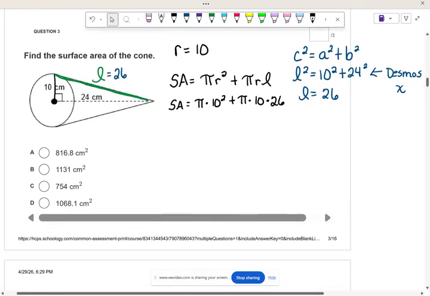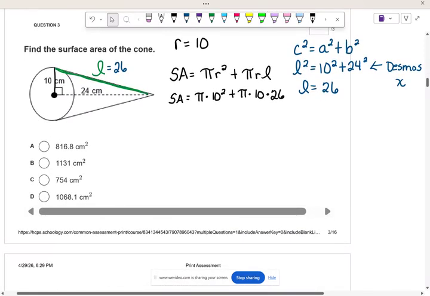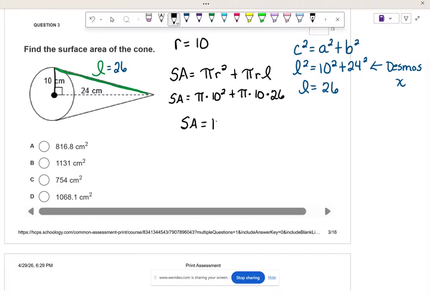And when I type all of that in, I got that the surface area is 1,130.97. Okay, so it looks like most of these answers were rounded to the nearest tenth. So let's round to the tenth. The 9 is in the tenths place.